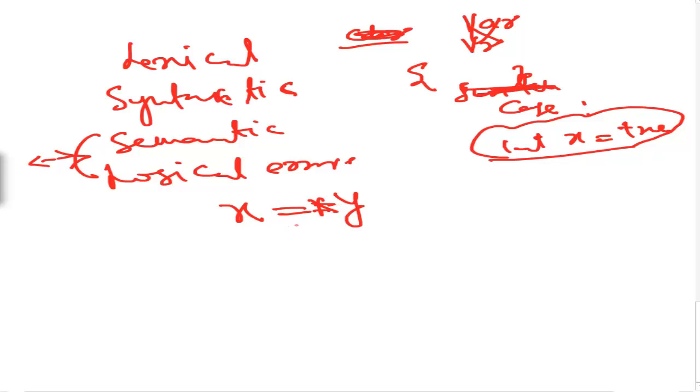This is an error in the logic, which is tough to handle because as a compiler we don't know the intention of the programmer. So they will only generate wrong programs, wrong outputs. By that we can understand we have some logical errors, but we can't do much about those. Semantic errors will be taken up at runtime, and syntactic errors or lexical errors are dealt with at compile time.